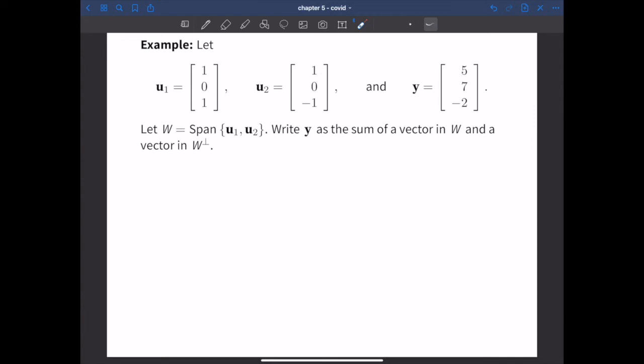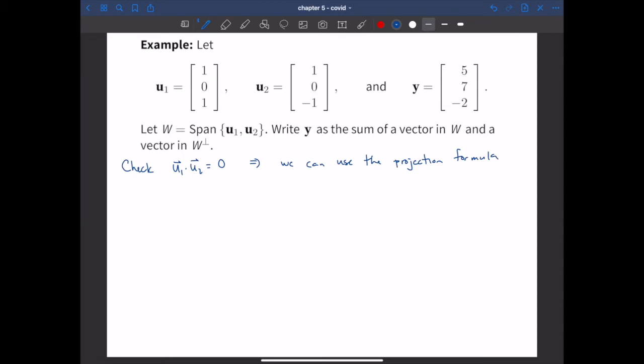In order to do that, we need to make sure that we have an orthogonal basis for our subspace W. So we really ought to check that u1 and u2 are orthogonal to each other. So we're going to check that u1 dot u2 is equal to 0, and it's easy to see that that is in fact 0, and so hence we can use the projection formula from the previous slide.